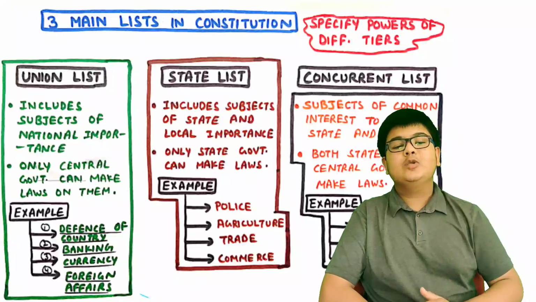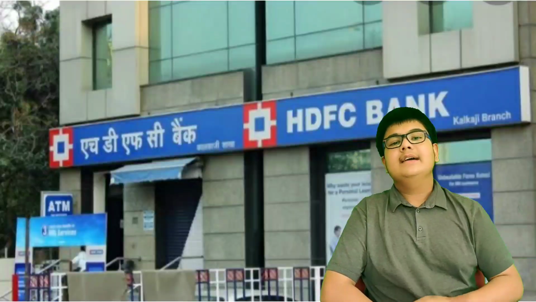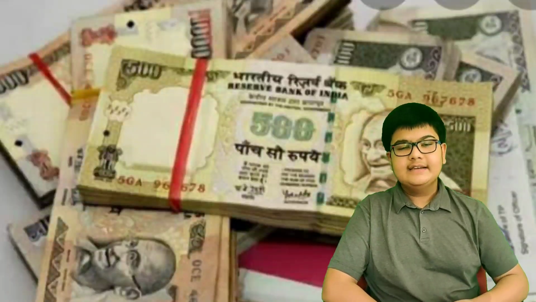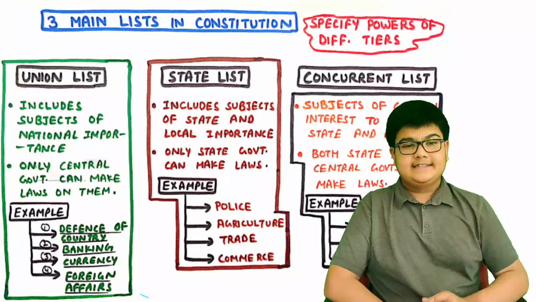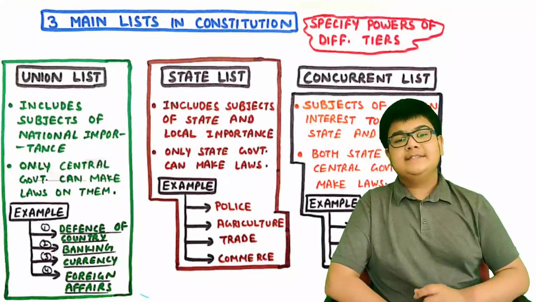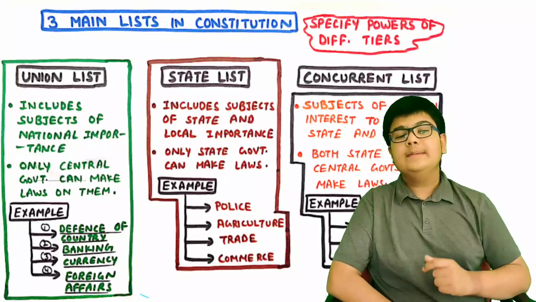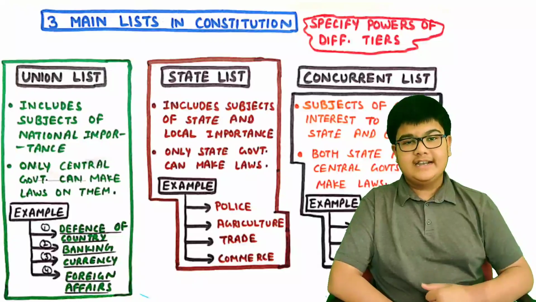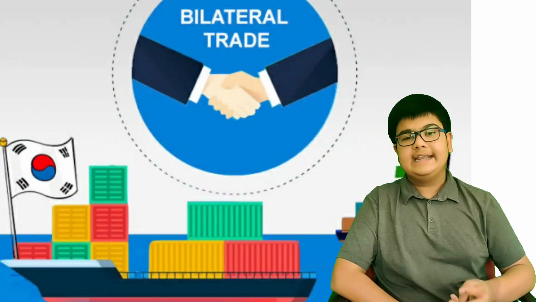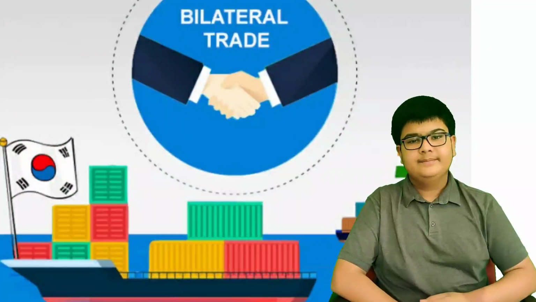These subjects include defense of the country, banking, currency, foreign affairs, etc. Second, the State List. This includes the subjects of state and local importance, and only the state government can make laws related to it. For example, police, agriculture, trade, commerce, etc.